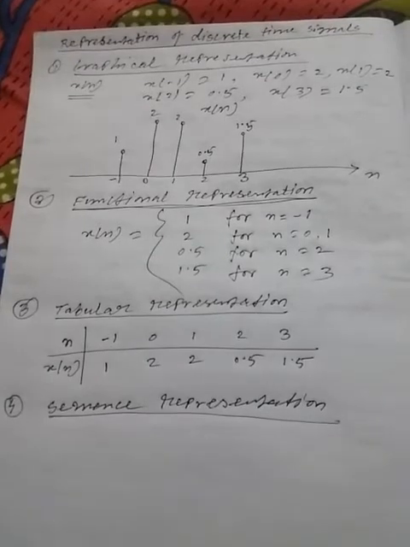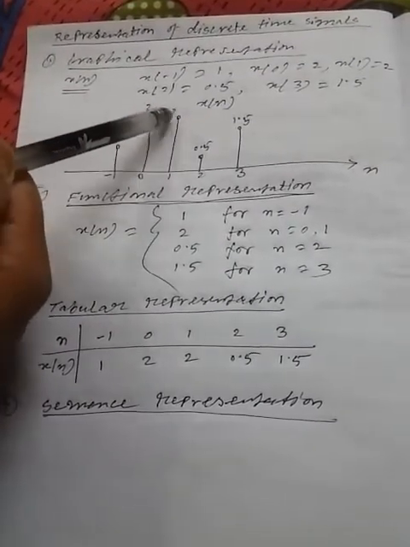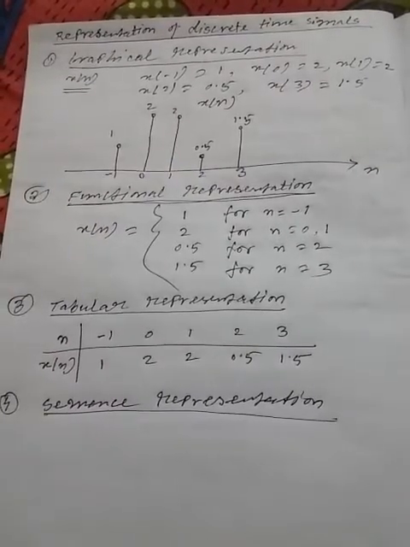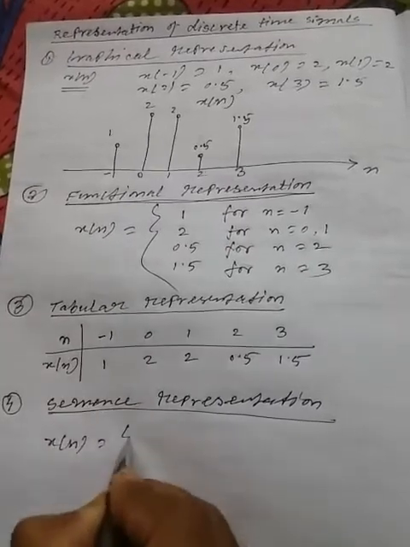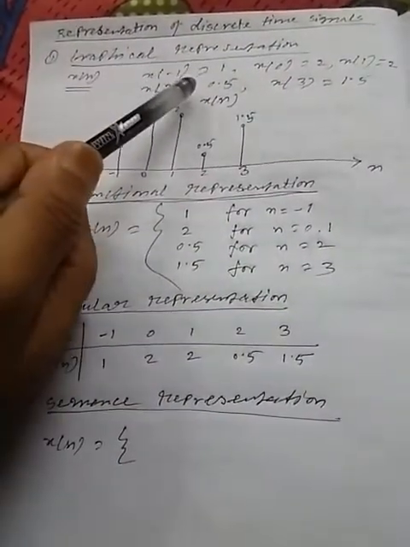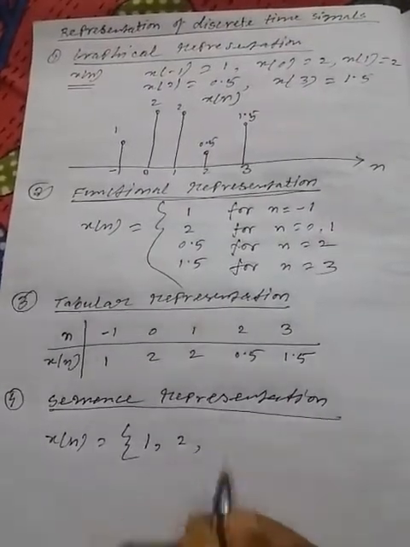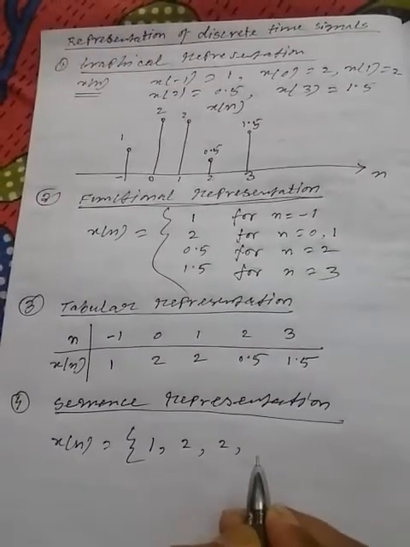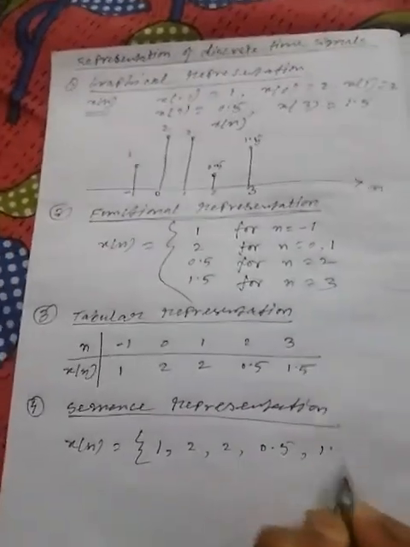This signal x[n] can be represented by a sequence this way: x[n] having the values 1, 2, 2, 0.5 and 1.5. So just write down all the values sequentially. First is 1, then 2, then also 2, then 0.5, then 1.5.